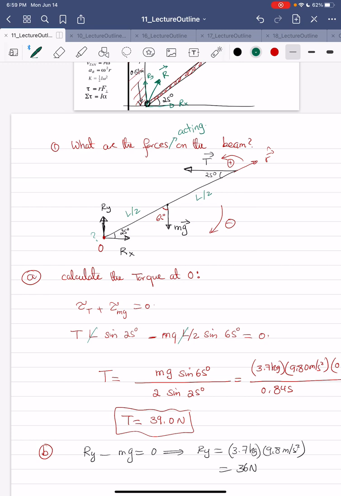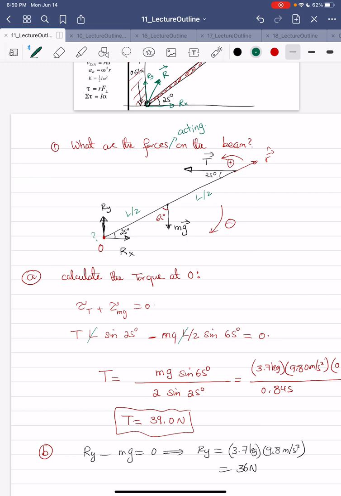They are not known, and I want to get rid of them. How can I get rid of them? They don't have any torque when they go through the axis of rotation, because their distance is going to be 0. And this is the reason why I did this. Now, I can repeat my question with the torque calculation at any other point, but this is going to be much more complicated than this one.